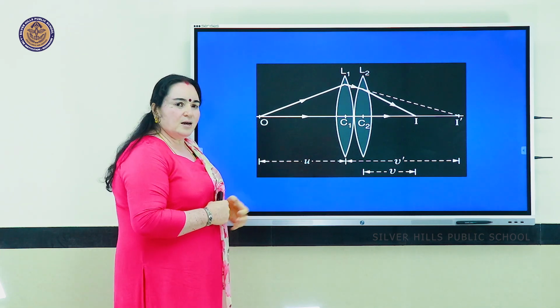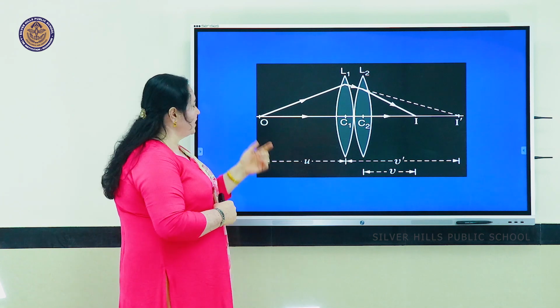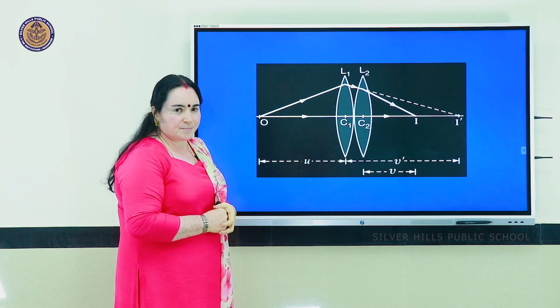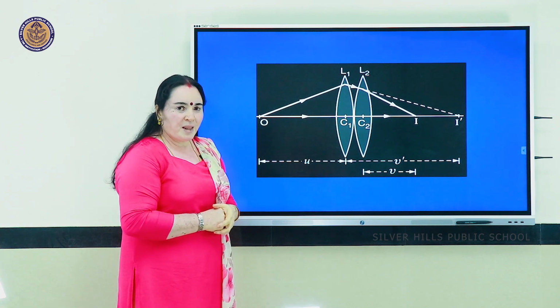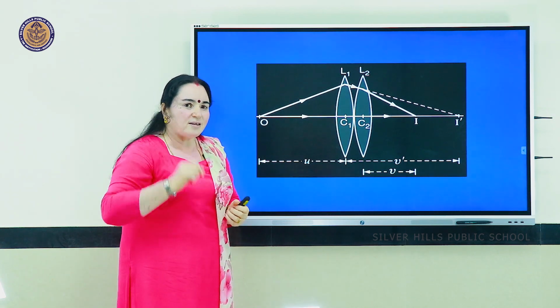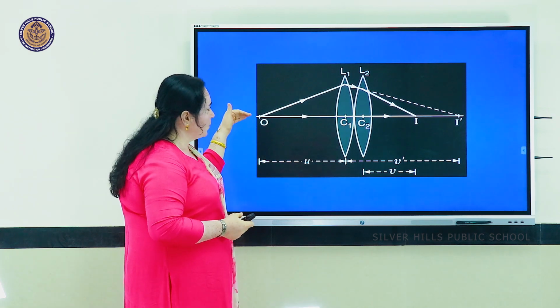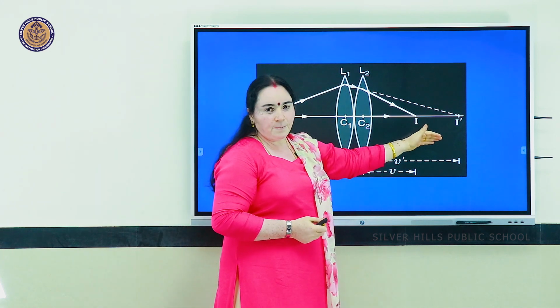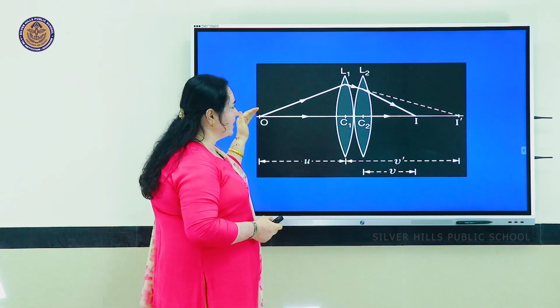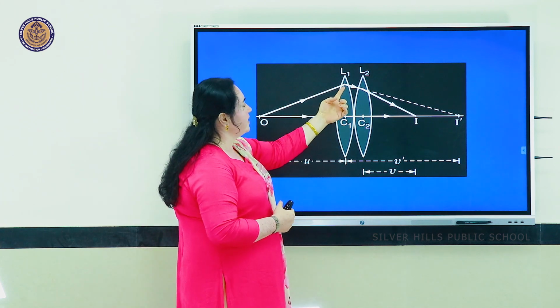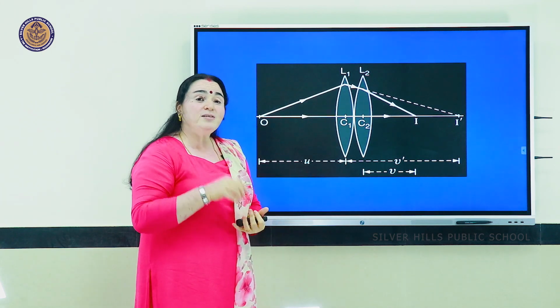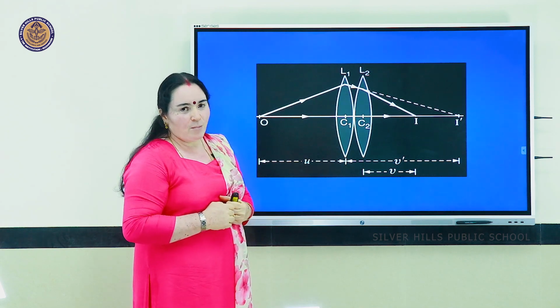We are considering a point object which is lying on the principal axis. We are going to have a lot of rays of light coming out of this object, but we have just selected two rays from that. One passes along the principal axis, and the other is a bit inclined with respect to the principal axis, and it encounters the lens at this point. So the first refraction happens at that point.